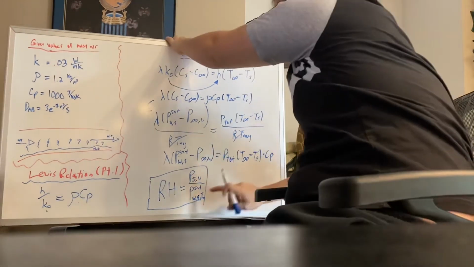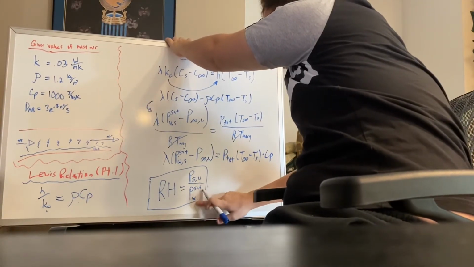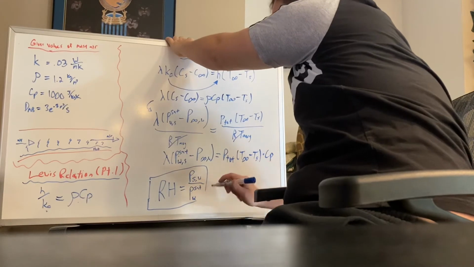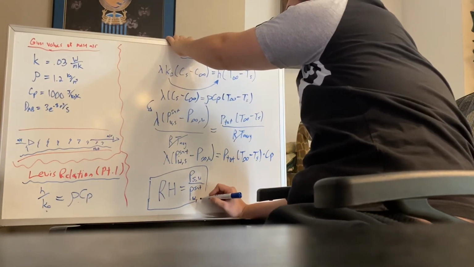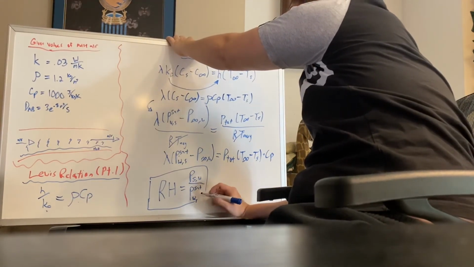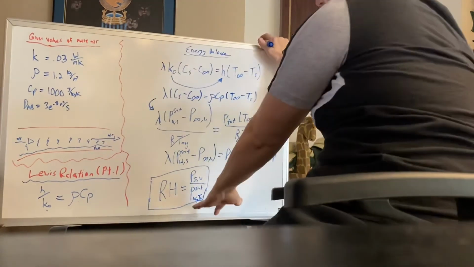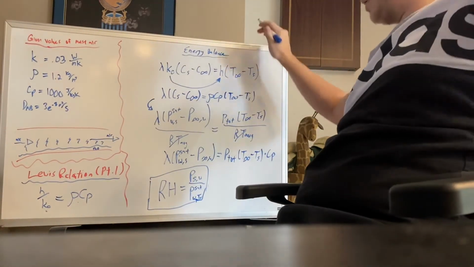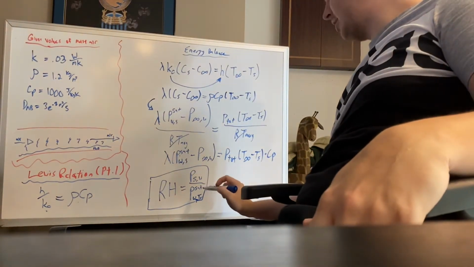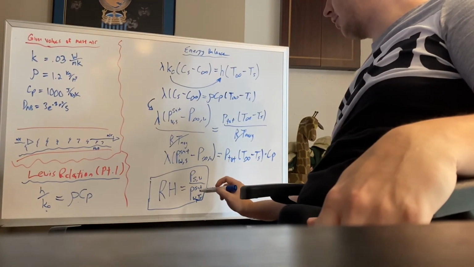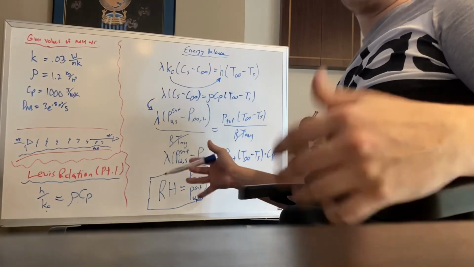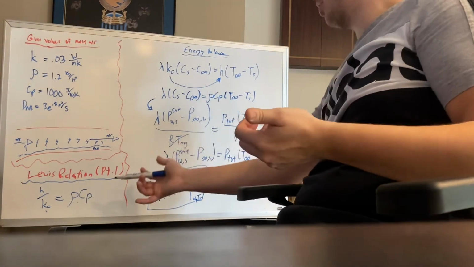Actually no, sorry, one mistake I just caught myself making is that this is actually not for the partial pressure of the surface, it's the partial pressure at any point of the water. And so still the water at whatever that temperature of the water is. And so once we take this partial pressure divided by the saturated partial pressure of the water, we can then find the relative humidity that is in the system here.